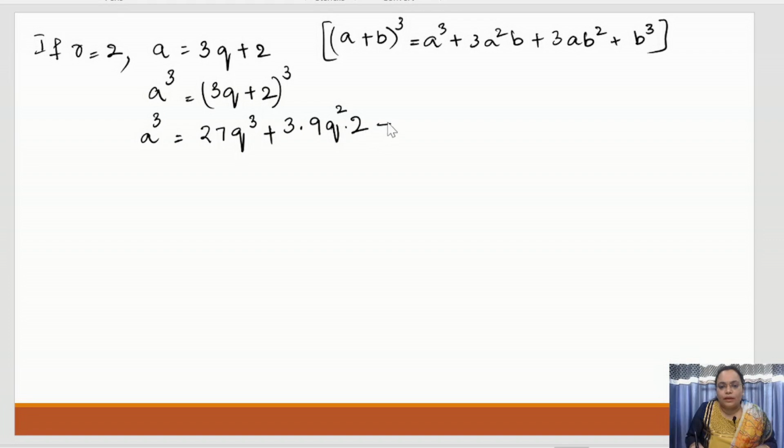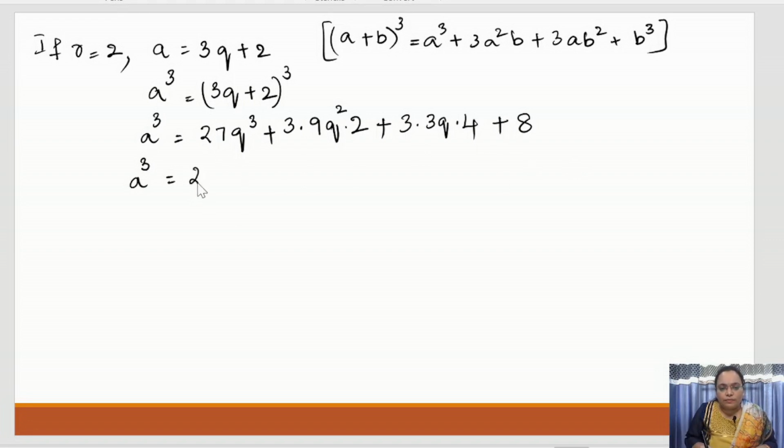Okay. Plus 3ab square, 3 into a is 3q, into b square, 2 square is 4. Okay. Plus b cube, 2 cube is 8. Clear?